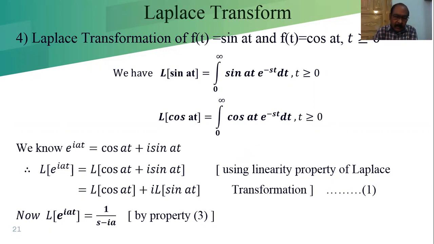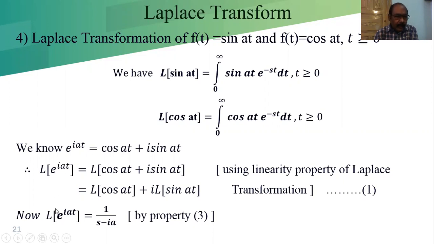So the integral transformation follows the linearity property. We are using the linearity property of the Laplace transformation that we will learn in the next lecture, with all the properties of the Laplace transformation.